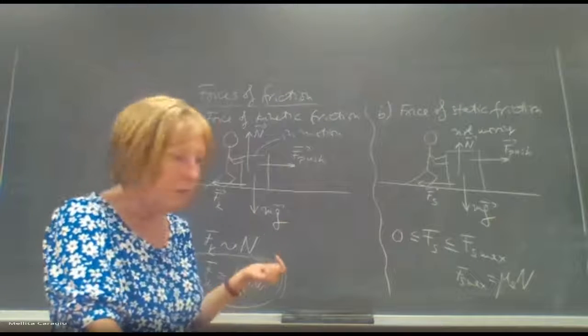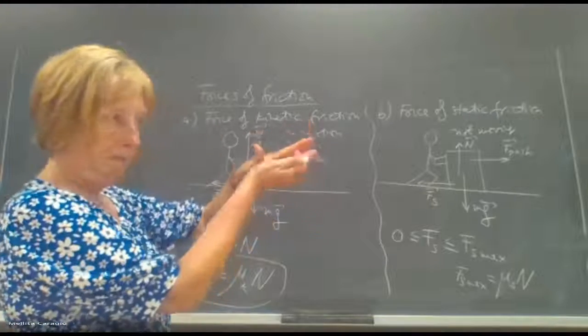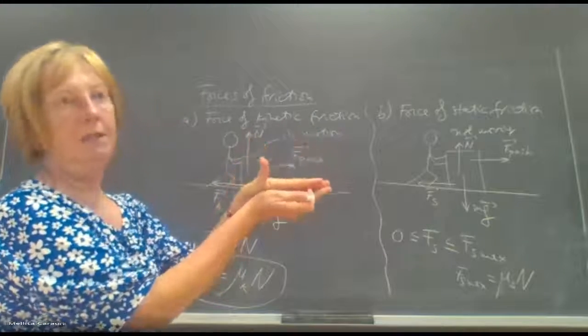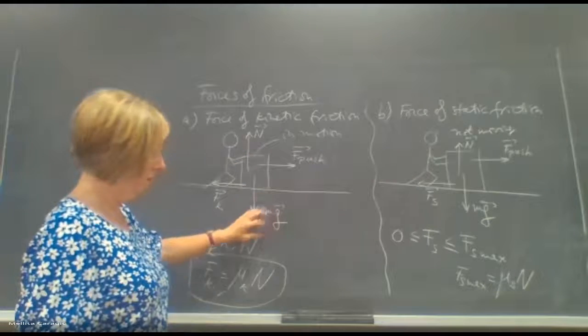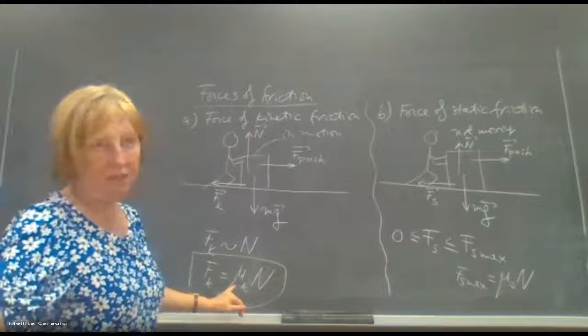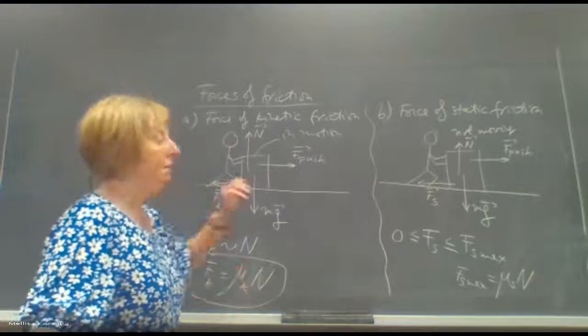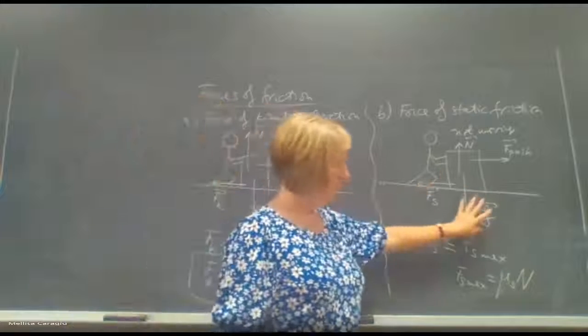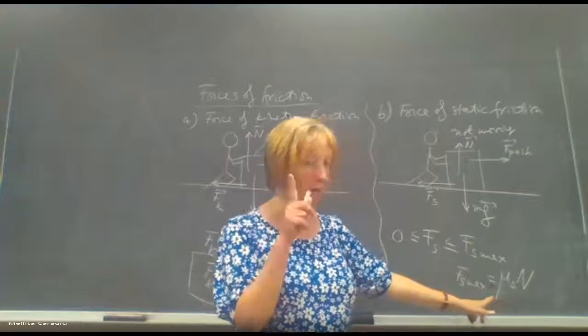It is also true that for the same pair of surfaces in contact, so wooden crate on wooden floor, let's say the coefficient of kinetic friction is 0.7, whatever. For the same wooden crate on wooden floor, the coefficient of static friction is more than 0.7.